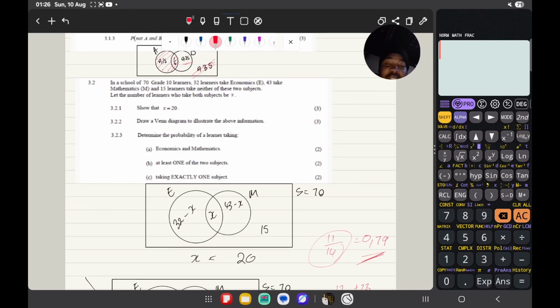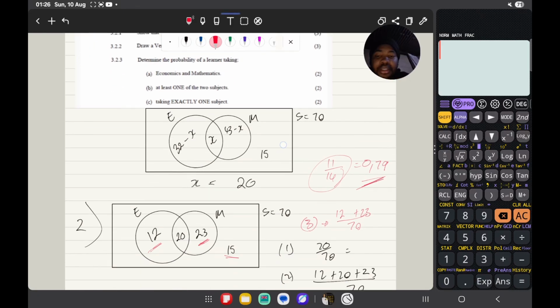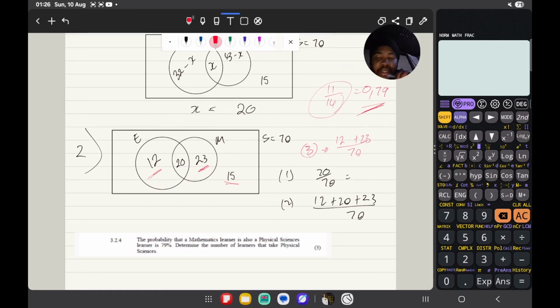Now they say the probability that a mathematics learner, so we already know that we are talking about a learner who's doing mathematics. How many learners are doing mathematics? We have 43 learners who are doing mathematics. Of the 43, they say 79% does physical sciences.